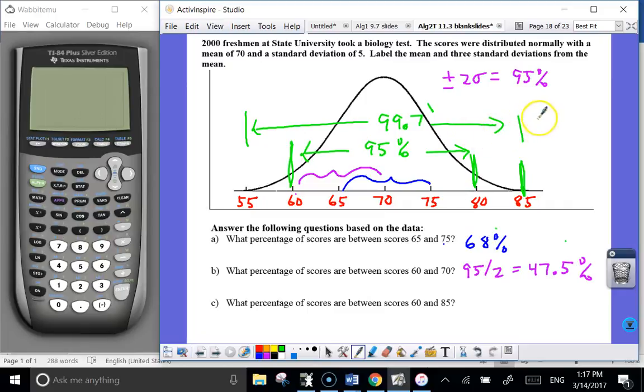So what is 4.7 divided by 2? 2.35. So we'd have to say that it's the 95% plus another 2.35%, which makes 97.35. And those are all percents.